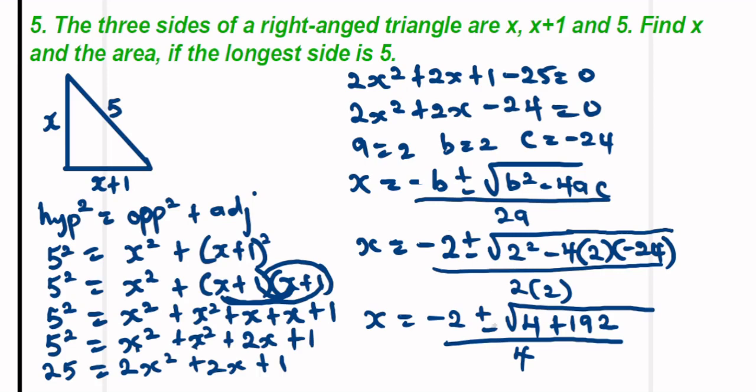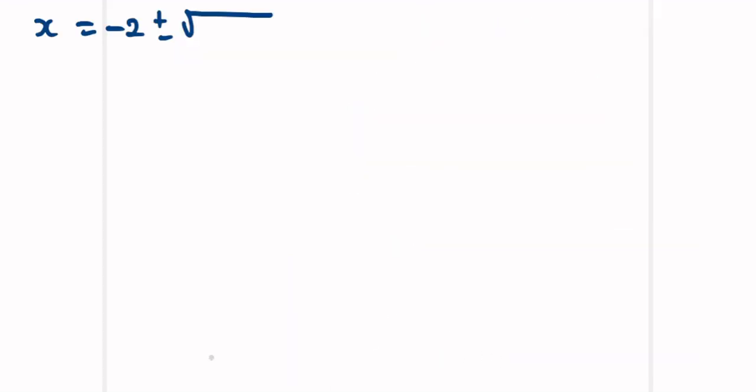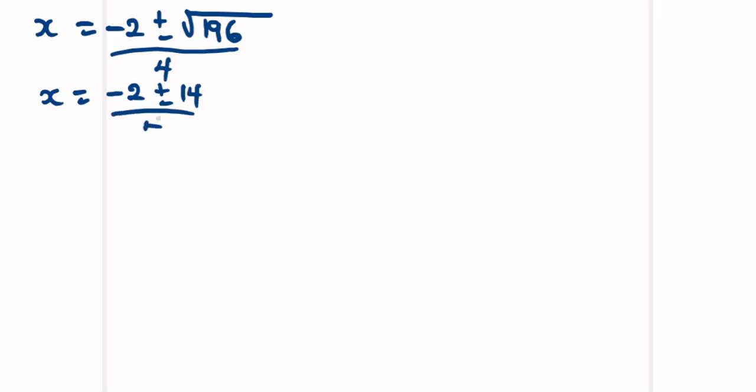So now we have x is equal to minus 2 plus or minus root. Let's check. Here we have the square root of 4 plus 192, which gives us 196, all over 4. So x is equal to minus 2 plus or minus the square root of 196, which is 14, all over 4.